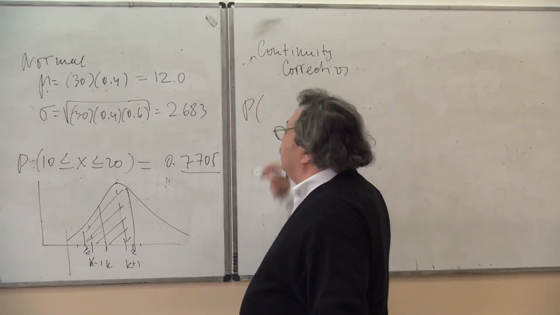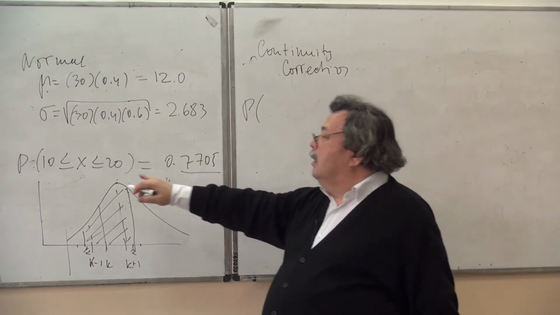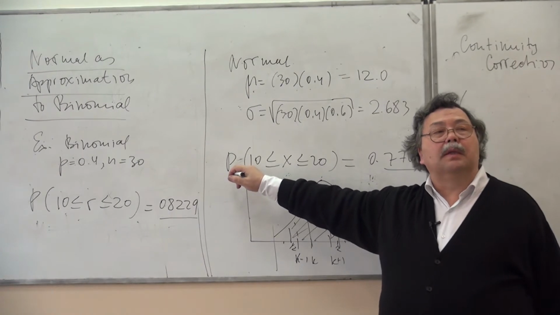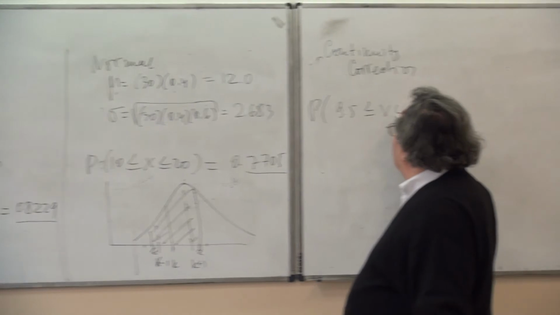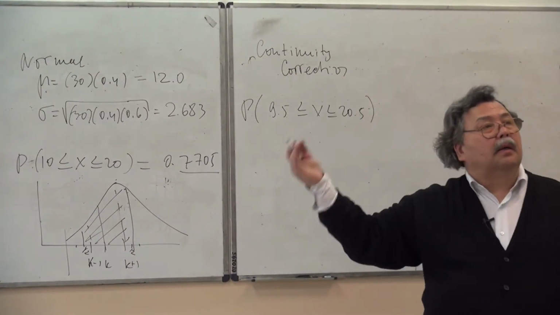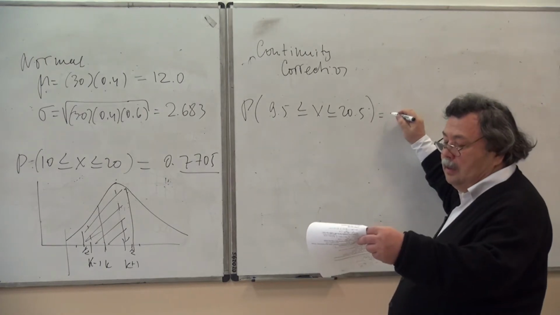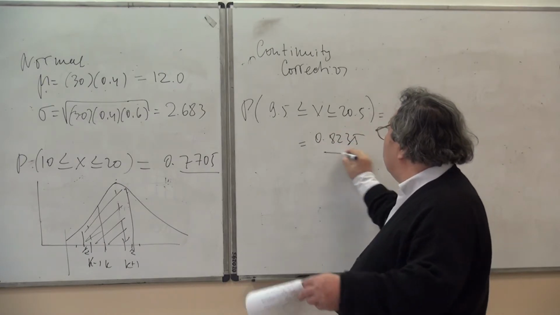If we apply this continuity correction, we should use 10.5 instead of 10 here, and it must be 20.5 for this other extreme value, and then the answer is this.